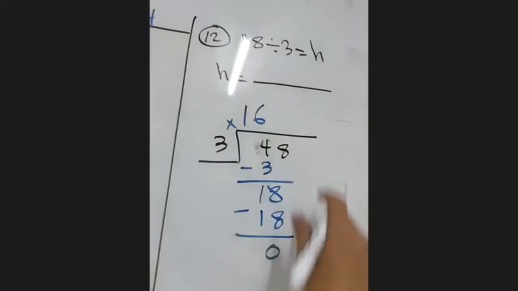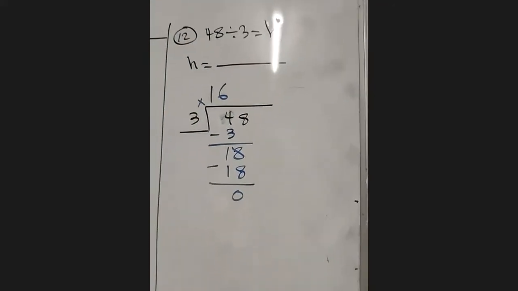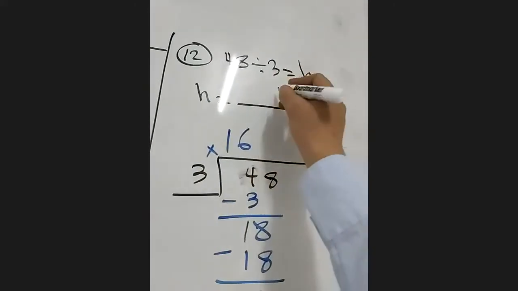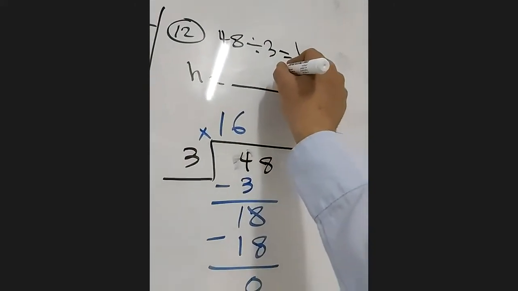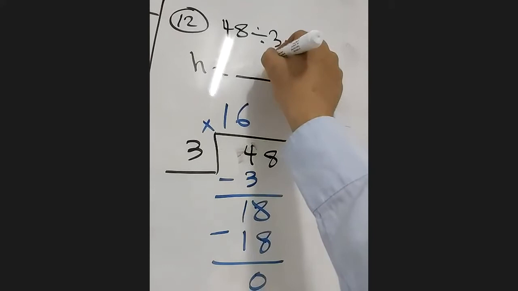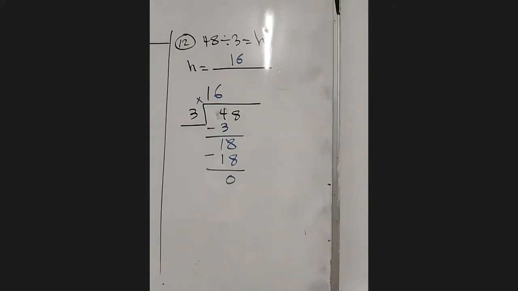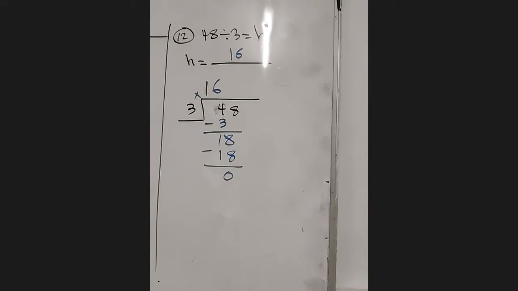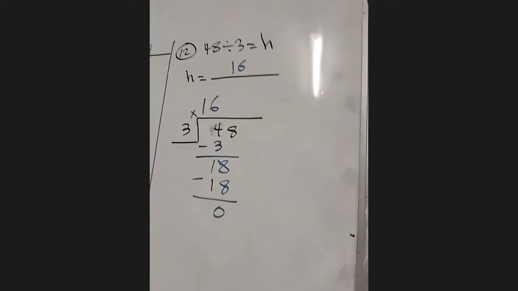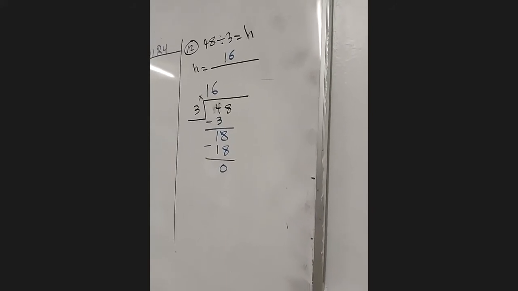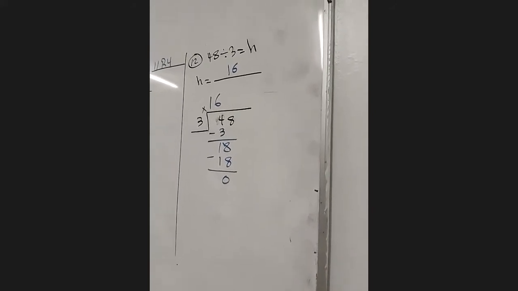So what's the answer of the division? 16. So what's the value of h here? 16, the answer of the division, right? Yalla, this is question 12, guys. Copy it, please. Copy question 12, guys, please.